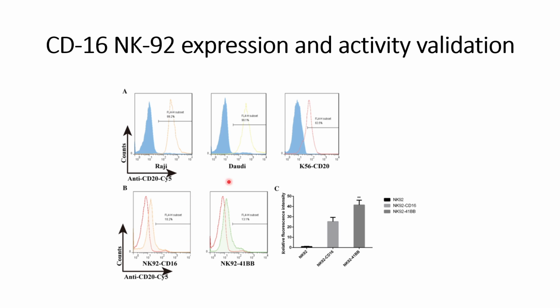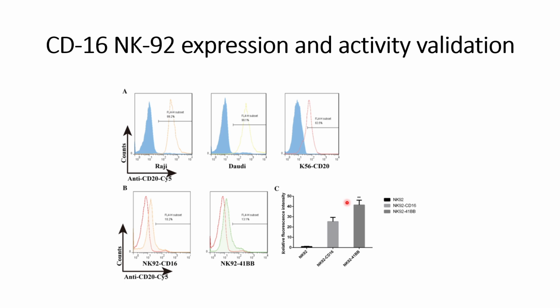And these results they later verified using the ELISA assay, where they can see that the fluorescence intensity of the NK-92 CD16 cells is high compared to the wild type, but NK-92 41BB, which is the CD16 fused with CAR, shows the maximum relative fluorescence intensity.